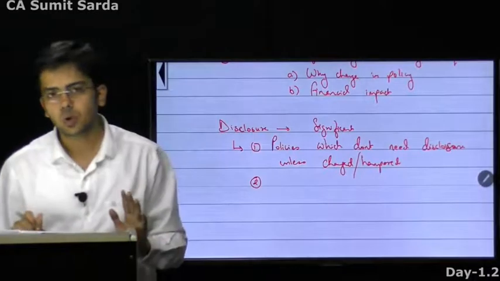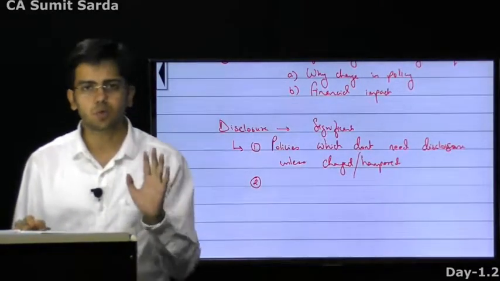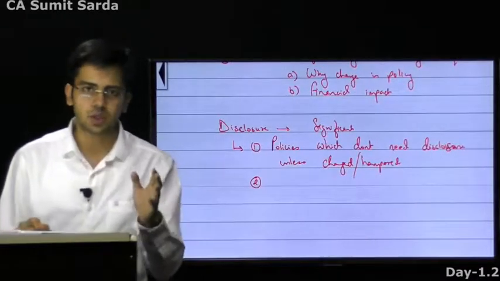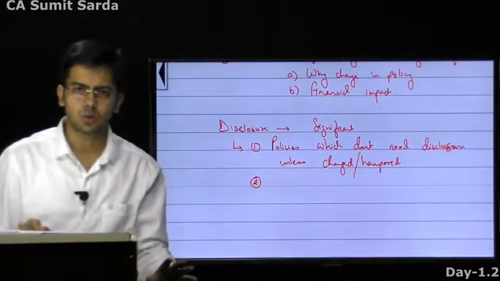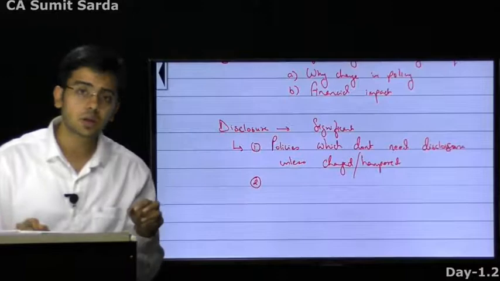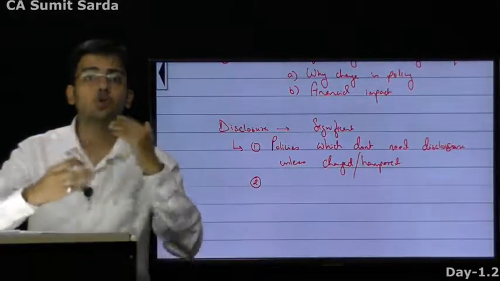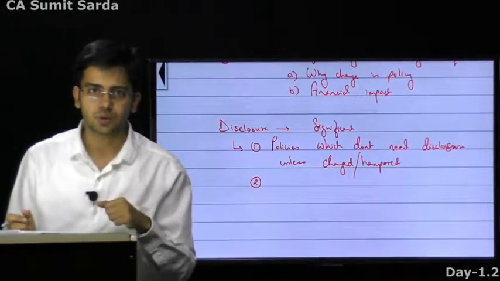Why, sir? Because the investor is aware of these accounting policies being followed. He always feels that the company is going to follow these accounting policies. There are certain cases where, if these policies are not followed, then disclosure is required. Then you have to give a disclosure.